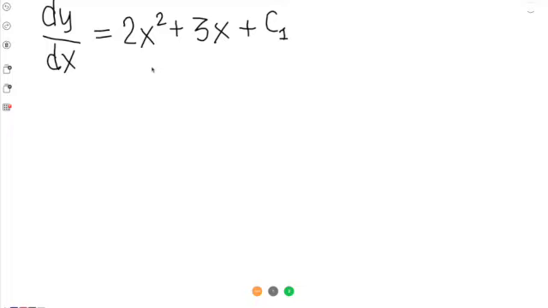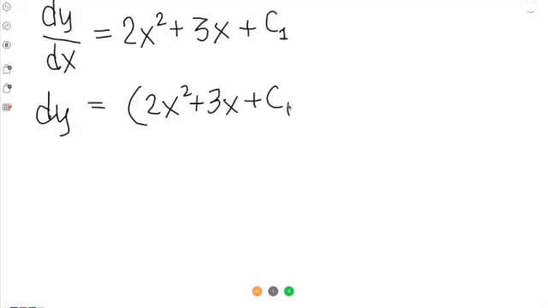Okay, so now for the second anti-differentiation, we need again to separate this differential equation into dy is equal to 2x squared plus 3x plus c1 dx.